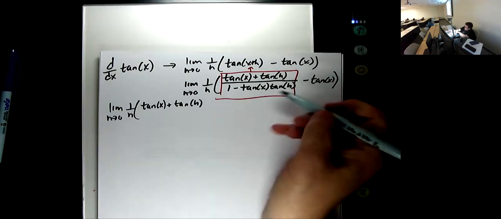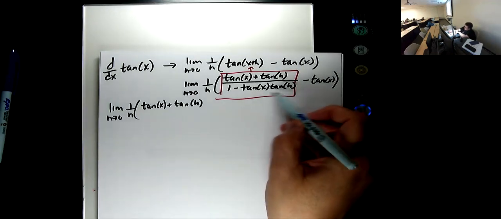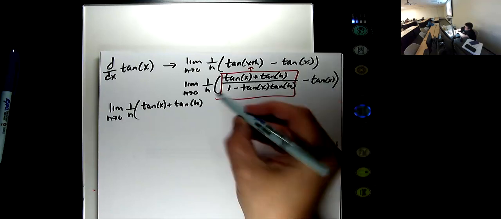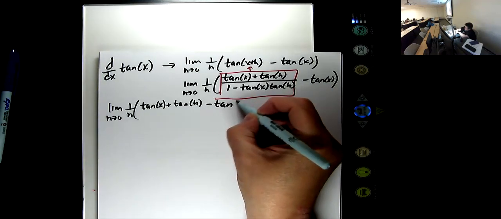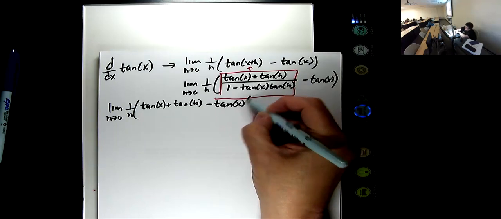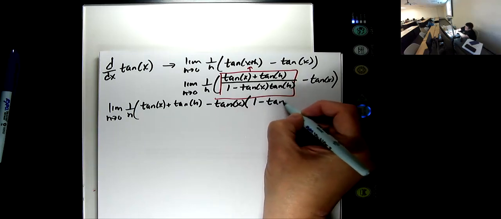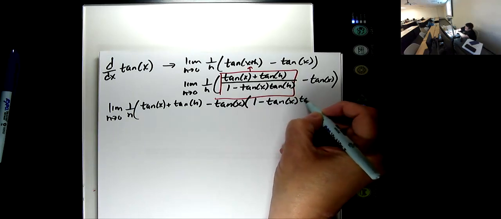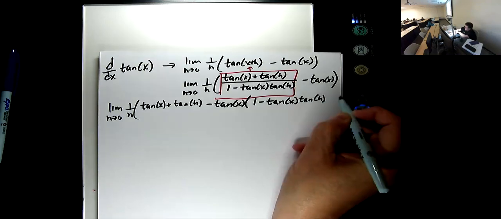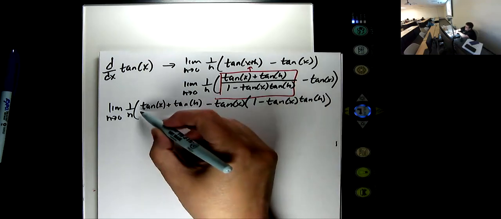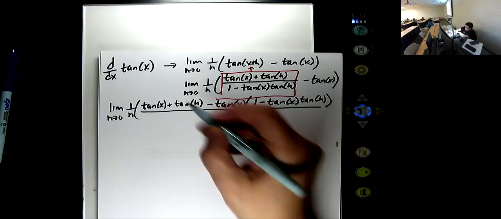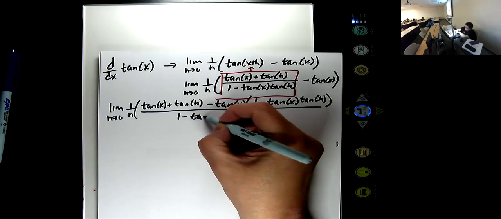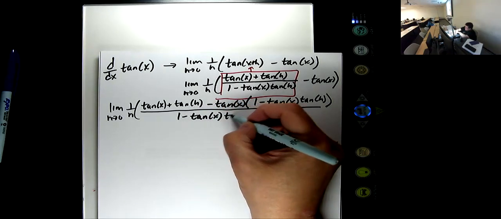So I got tangent x plus tangent h. I'm going to take this denominator and multiply it by the tangent x. I'm going to get a common denominator times 1 minus tangent x tangent h, and then that's all over 1 minus tangent x tangent h.